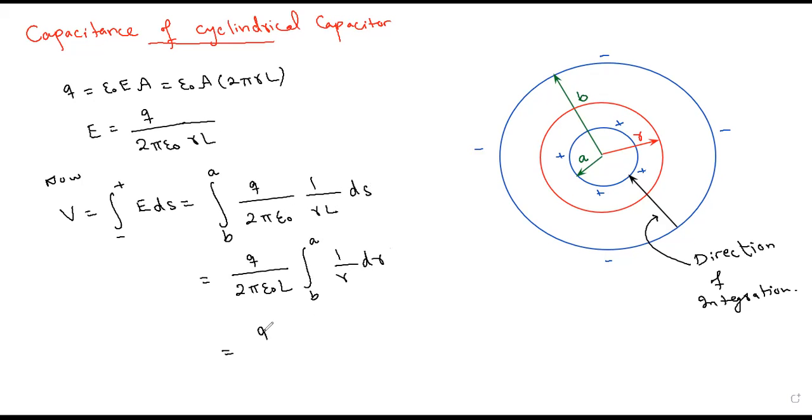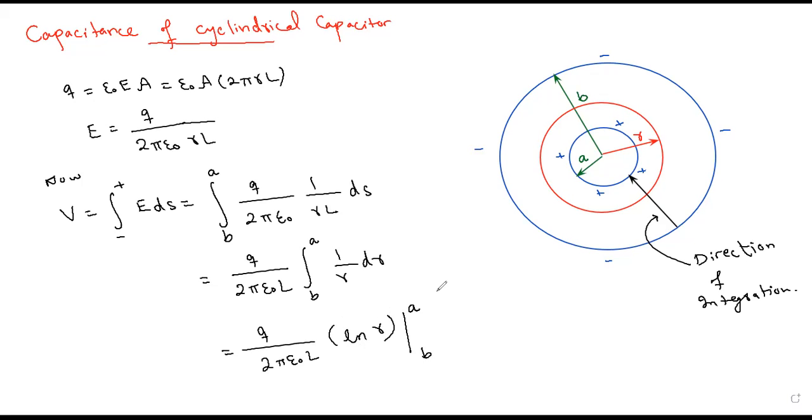And we know that the integral of the integrand 1 over R will be simply natural log of R, from B to A. Are we doing it right?